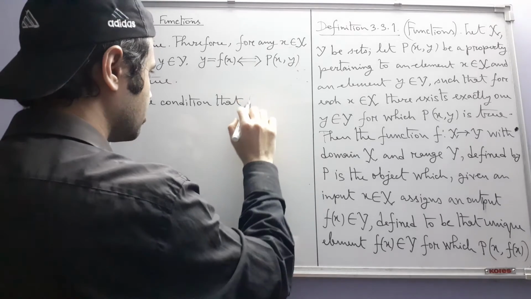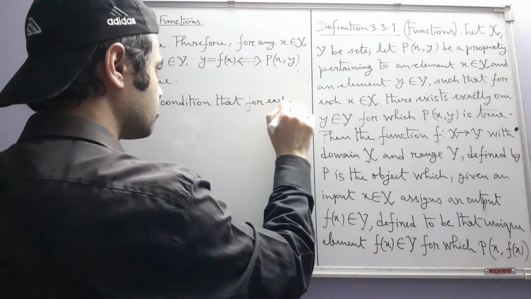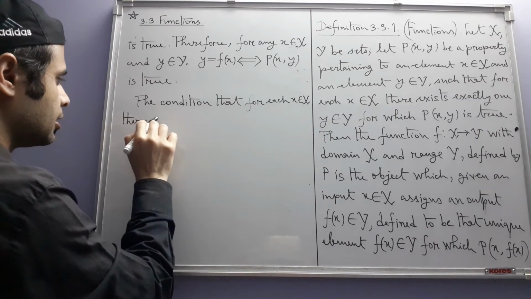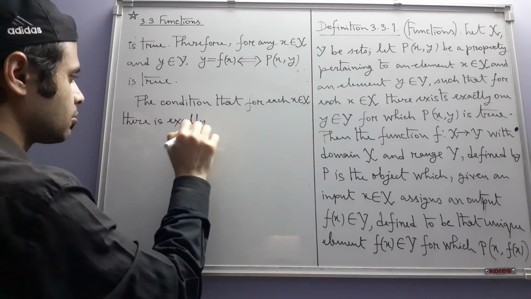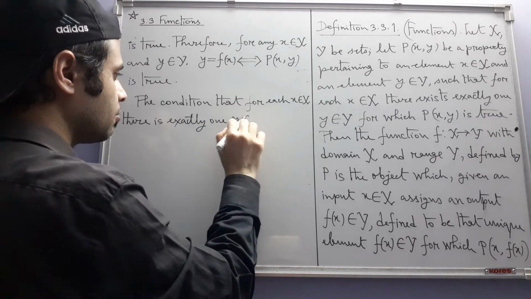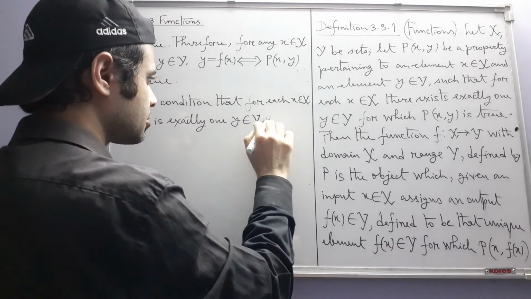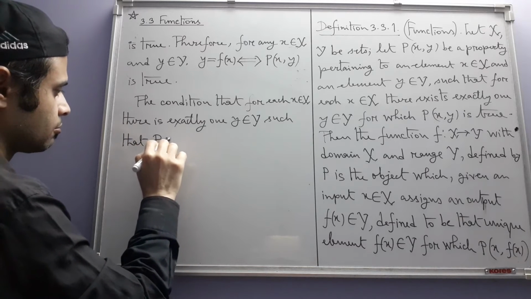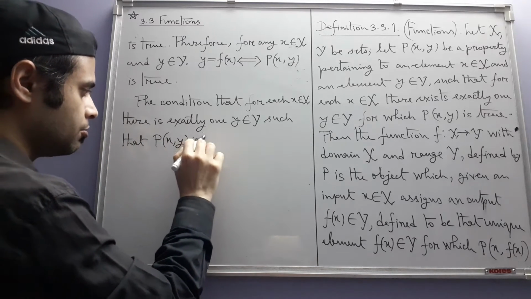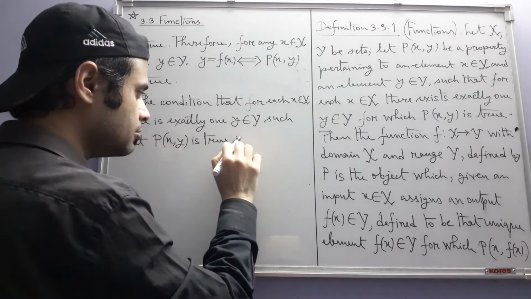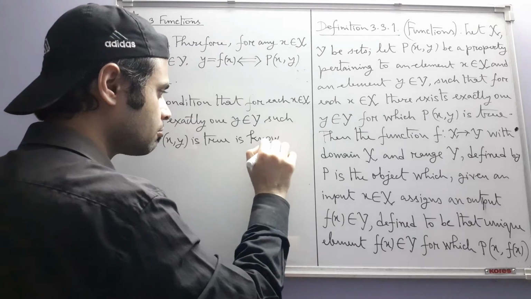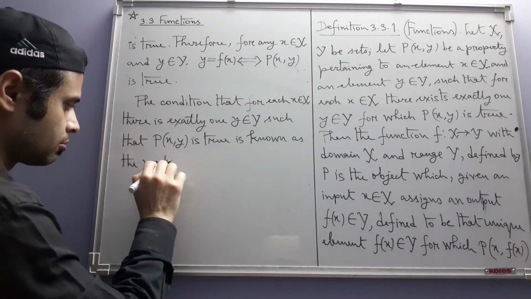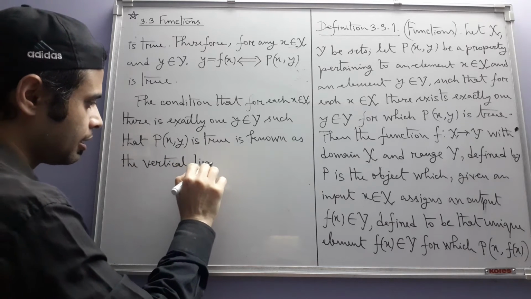The condition that for each x in X there is exactly one y in Y such that P(x, y) is true is known as the vertical line test.